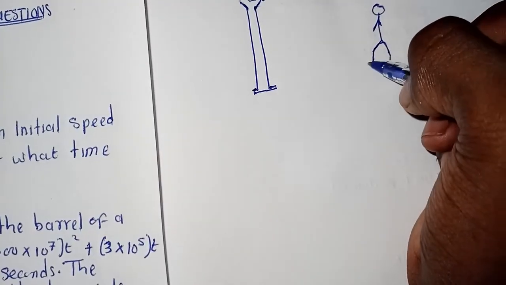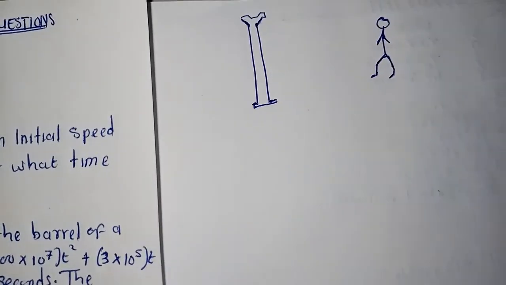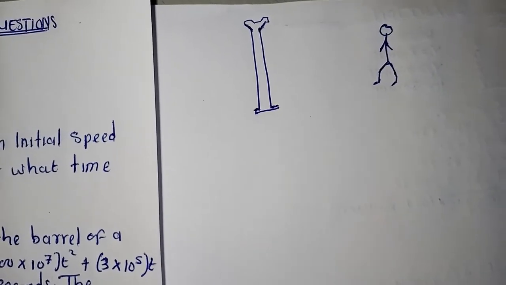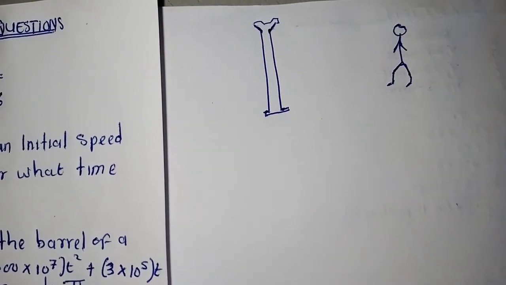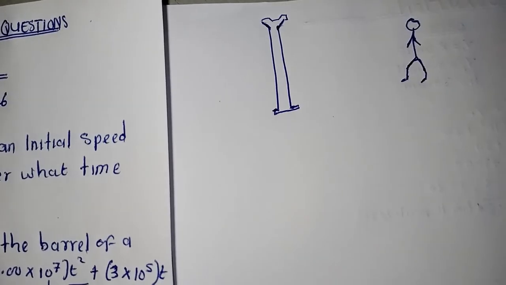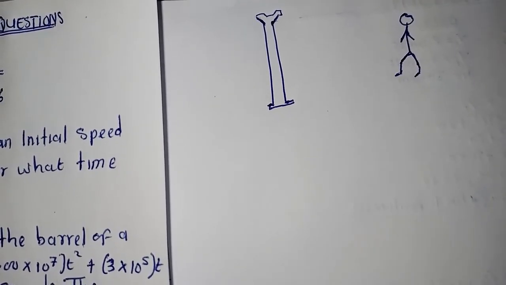Physics is very complex, so make sure you know how to use whichever diagram works, provided it gives you something. Now they're saying an attacker at the base of a castle wall, 3.65 meters high.